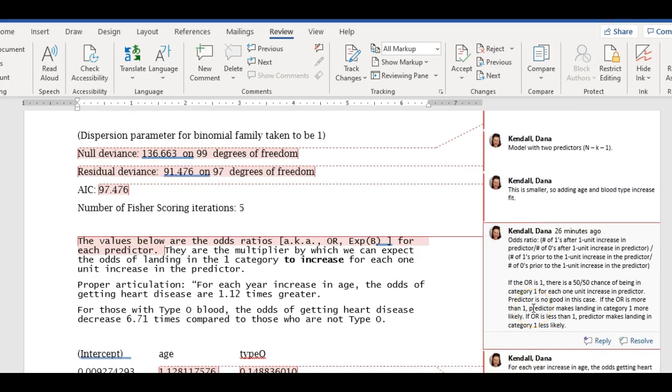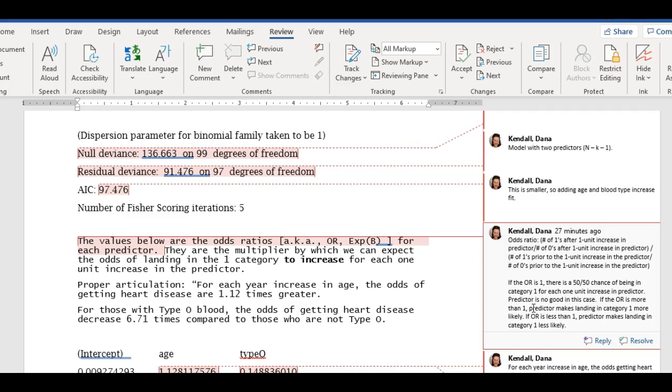Now, if we have an OR above 1, so it's not near 1, it's not 1, but it's greater than 1 by hopefully a substantial amount, then we know that as we increase on the predictor, it's going to increase the likelihood of the case landing in category 1.